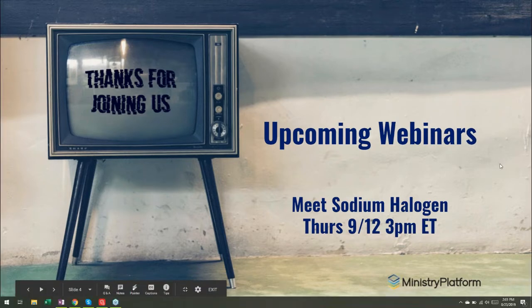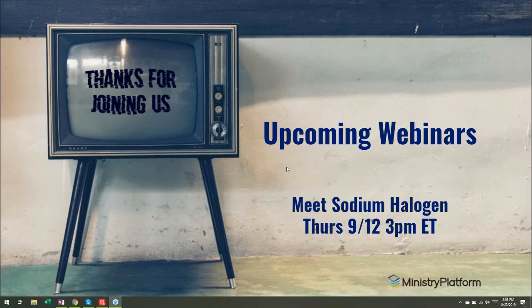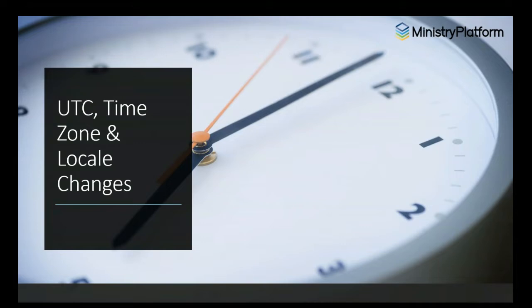So to get into the details of what we're talking about today, as many of you know, we have been in this interim phase with UTC, where you see some things in your system time, most things in your system time, and then there's those few edge things that have been in UTC.